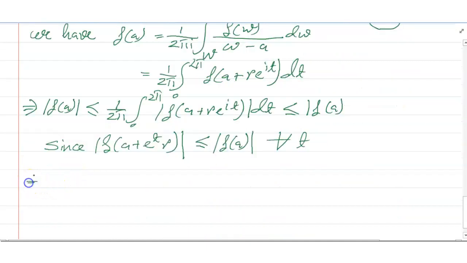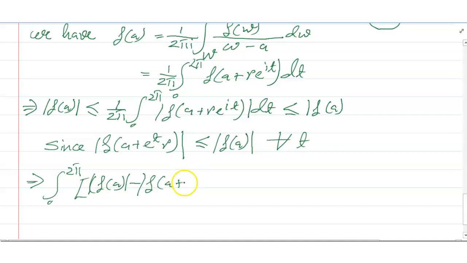That implies the integral from 0 to 2π of (mod of f(a) minus mod of f(a plus r e to the power it)) dt equals 0.